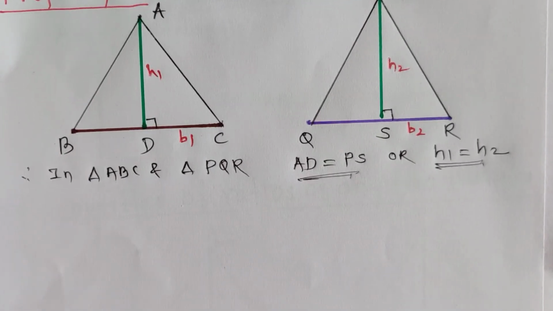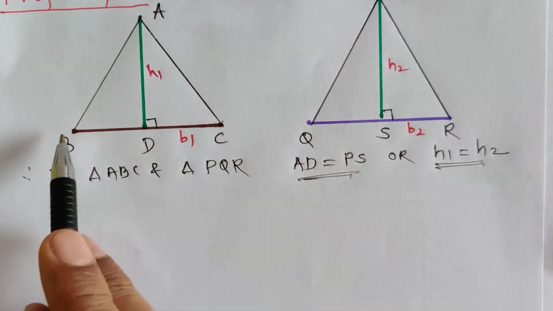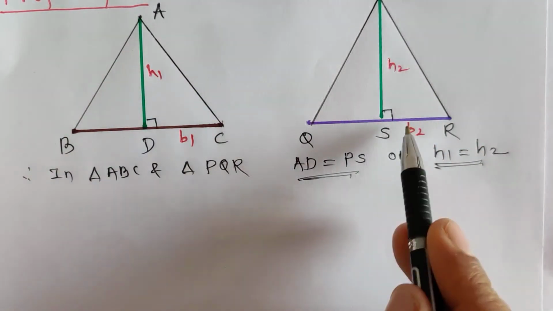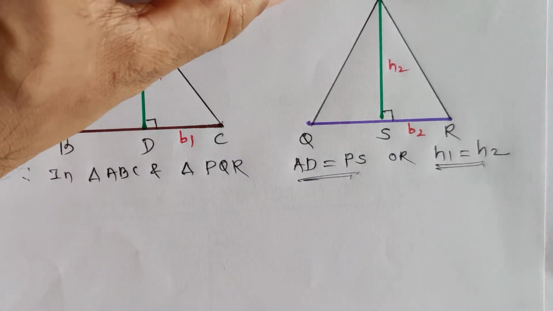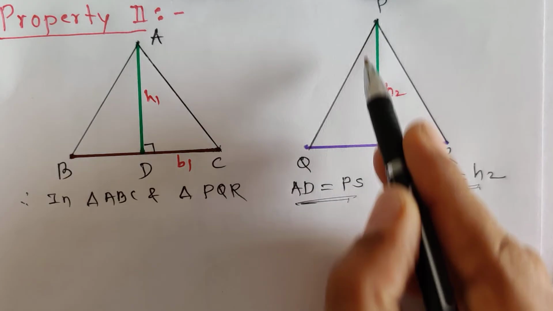So if we find the ratio of areas of these two triangles, in the previous property we have already written the formula for area of a triangle. Area of triangle ABC is equal to half into BC into AD. Area of triangle PQR is equal to half into QR into PS.